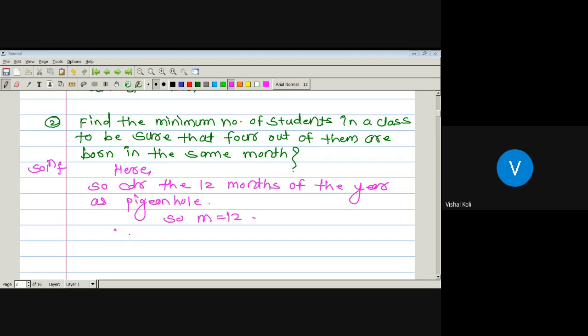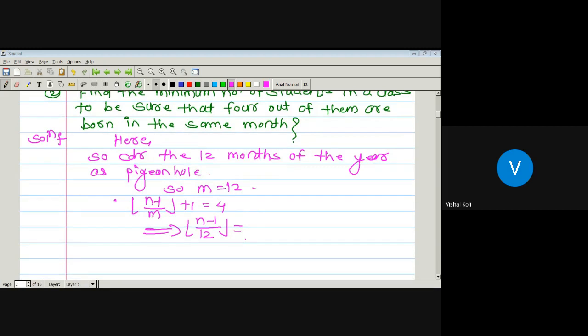So the greatest integer value of (n minus 1) divided by m, plus 1, is equal to 4, which implies the greatest integer value of (n minus 1) divided by 12, plus 1 equals 4. Subtract 1 on both sides, then we get 3.